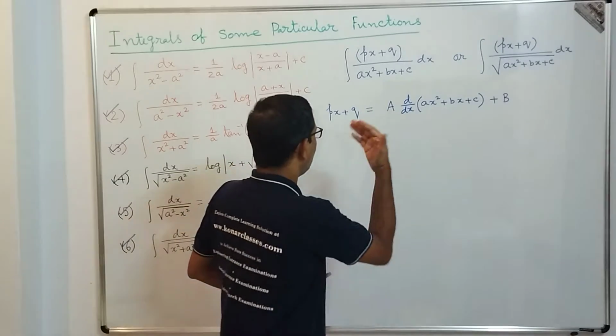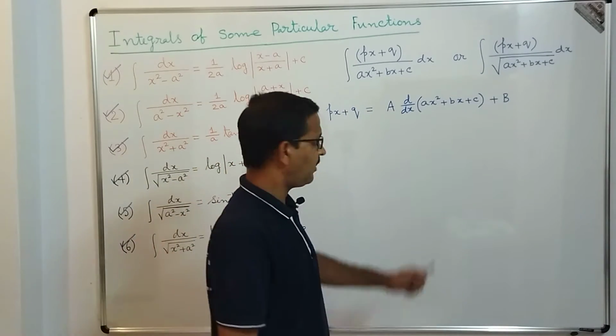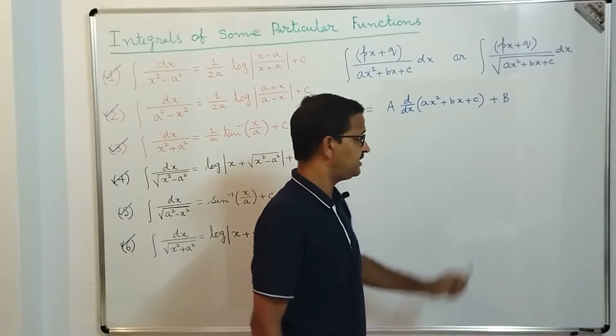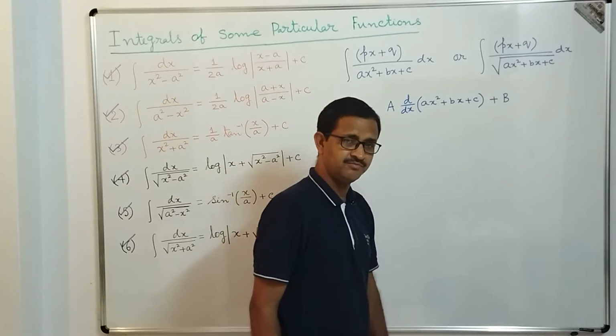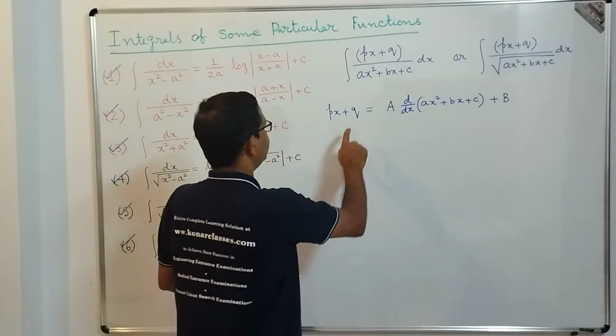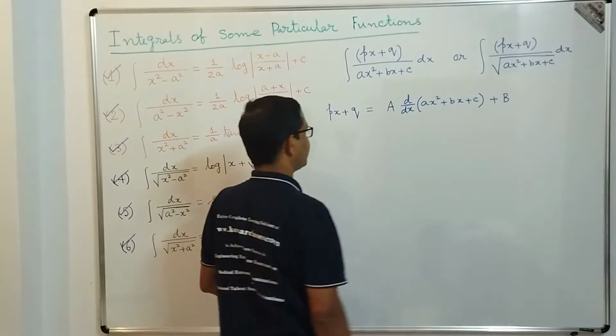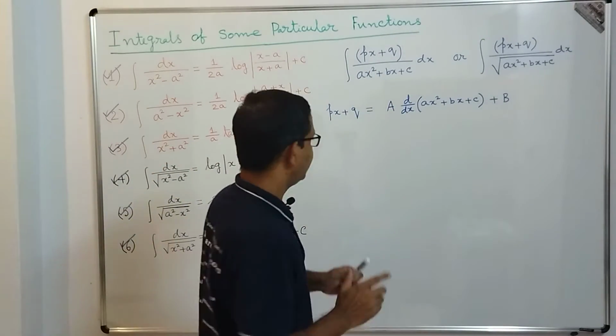The second point is why we write d/dx of ax² + bx + c. We have done that to make our integration much simpler. Why so? Let me show you here.